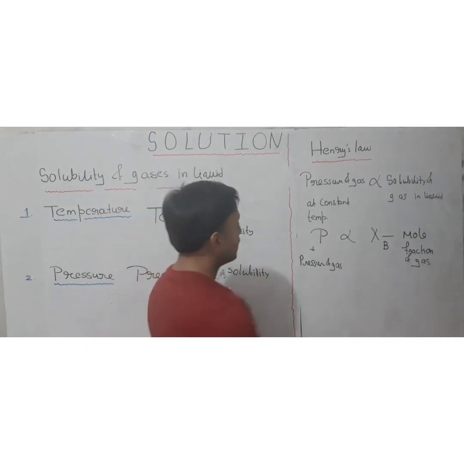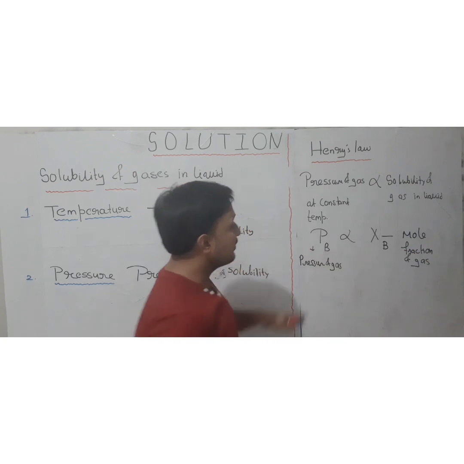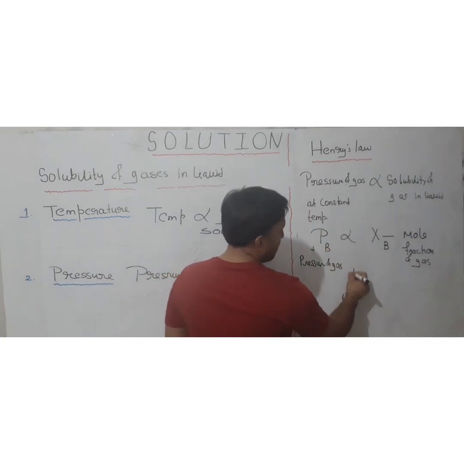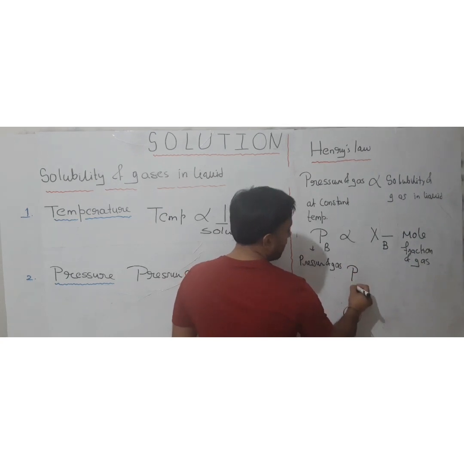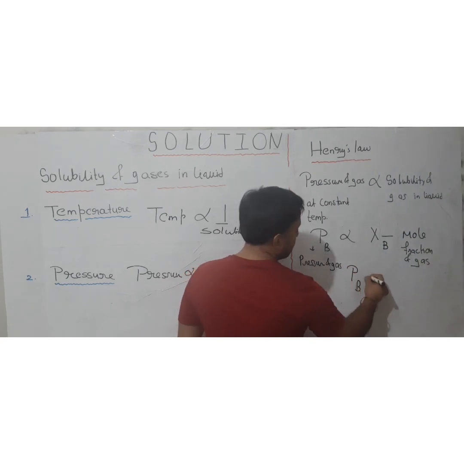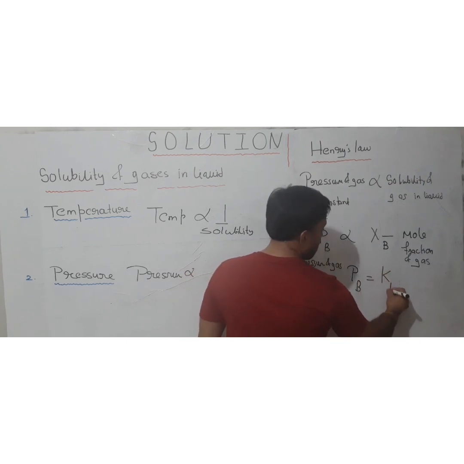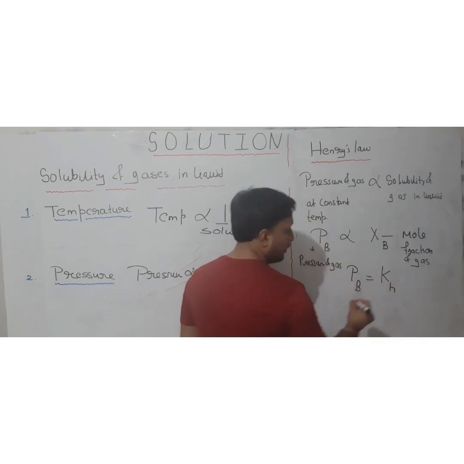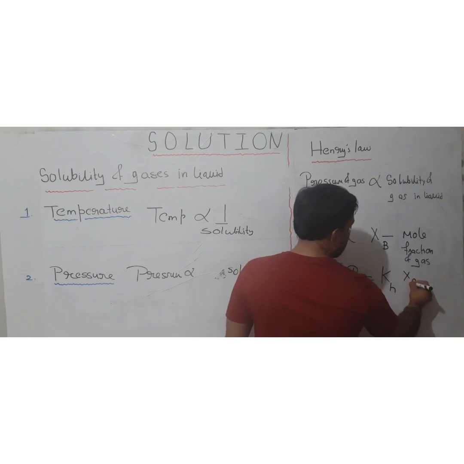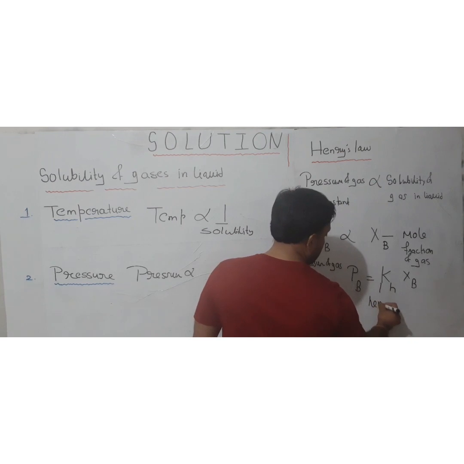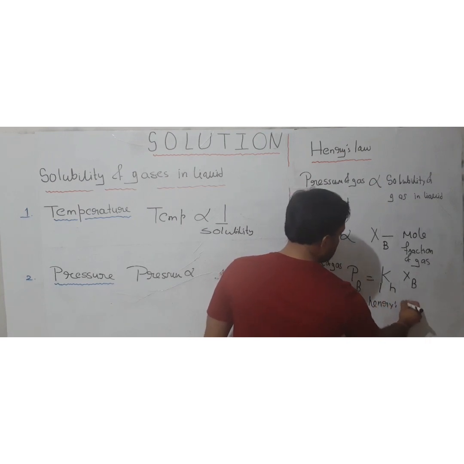So the partial pressure of a gas, that is PB, is directly proportional to its mole fraction. As you all know, when we replace the sign of proportionality with equality, then we have to introduce a constant here, and that constant is going to be KH. It's a symbol and the formula will become PB equals KH times XB. Now KH is known as Henry's constant.